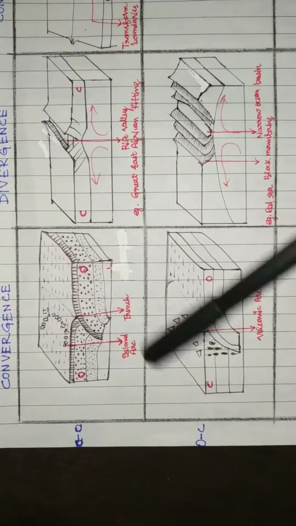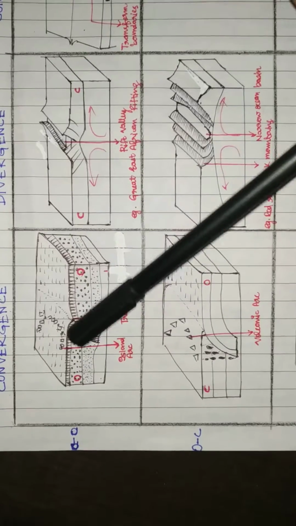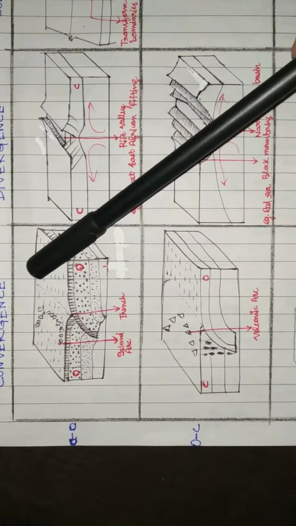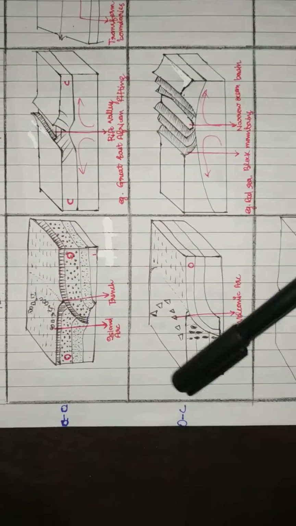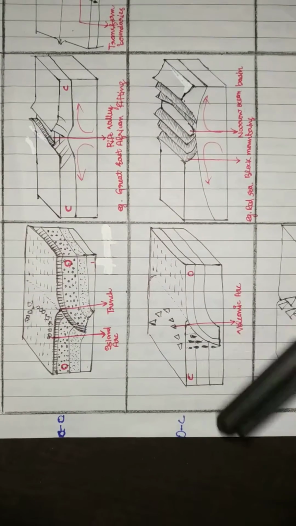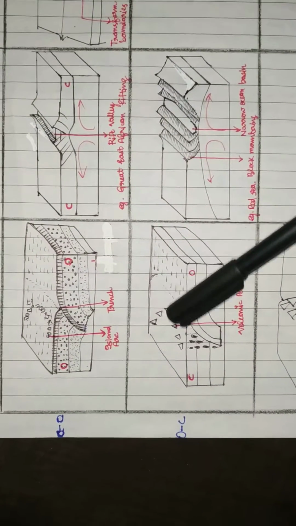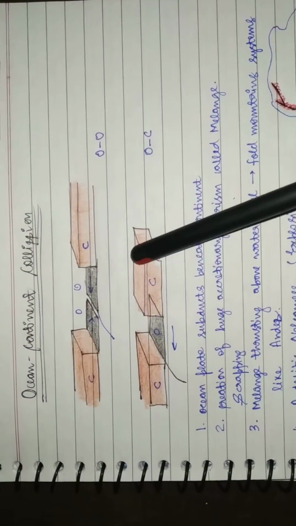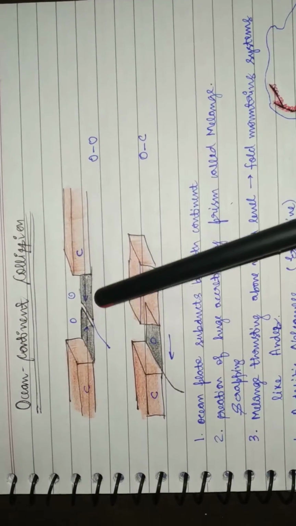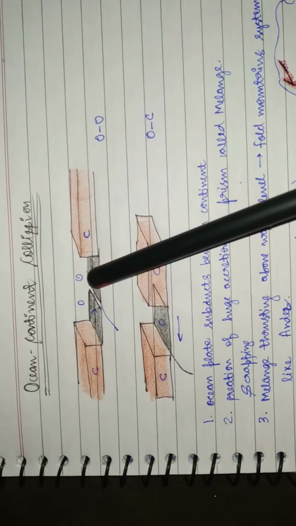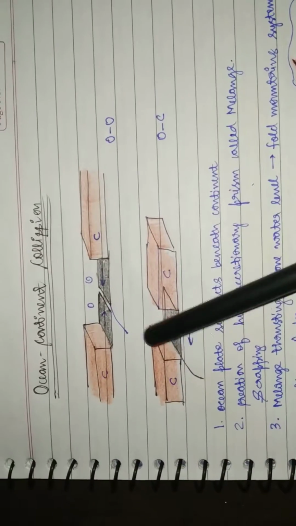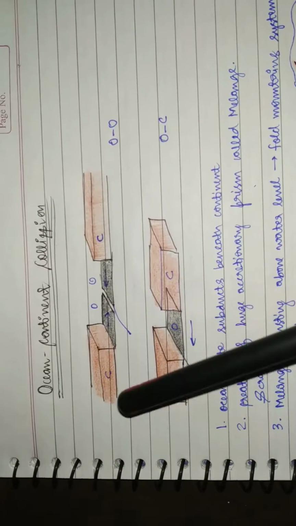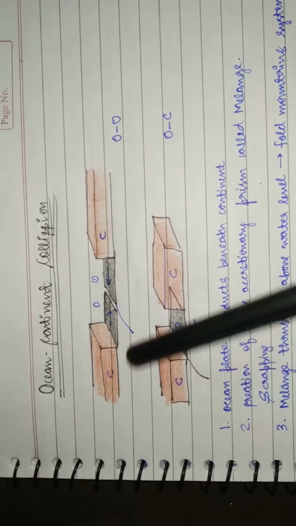After colliding ocean and ocean, forming island arcs and trenches, now we move to ocean and continent, forming volcanic arcs over the continents. Now, after ocean and ocean collided, this ocean plate subducts. This ocean plate starts subducting at the continent.